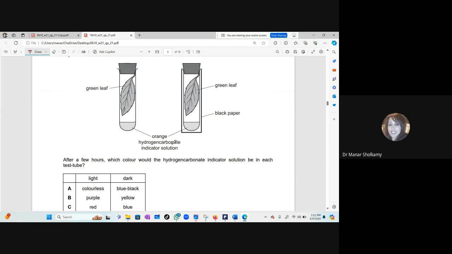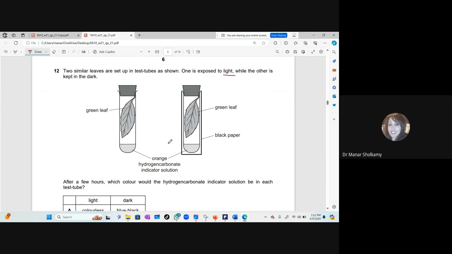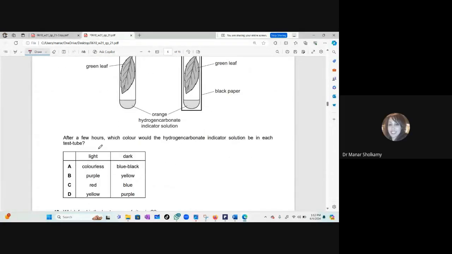Hydrogen carbonate indicator in high CO2 levels, what will be its color? Yellow. So after a few hours, which color would the indicator solution be in each test tube, in the light and in the dark?